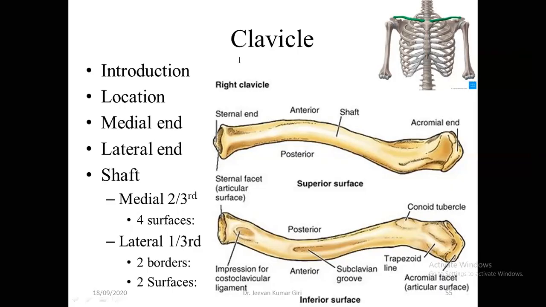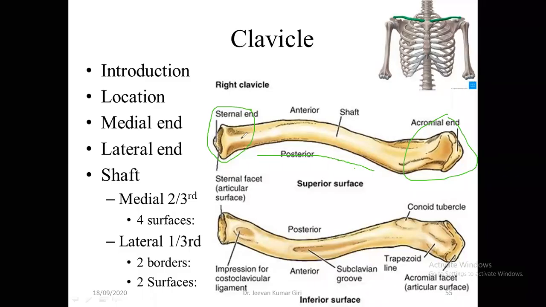So there are two ends and one almost cylindrical shaft. Now we'll go for the individual parts: the medial end, the lateral end, and the shaft.